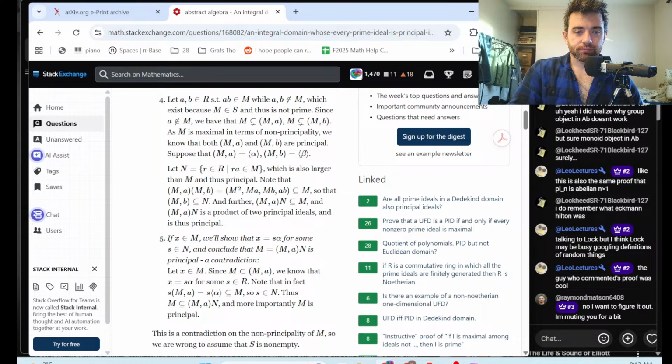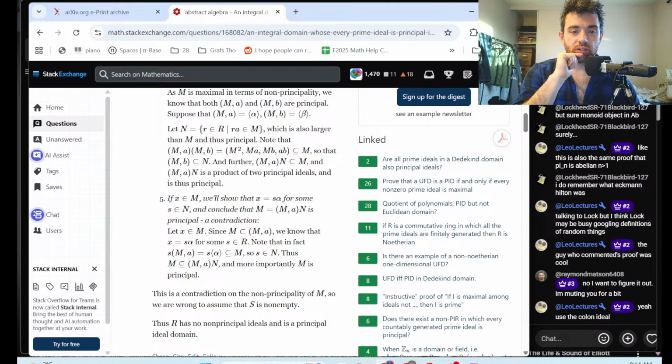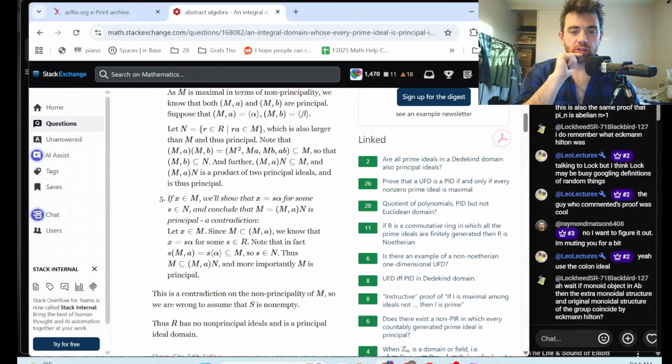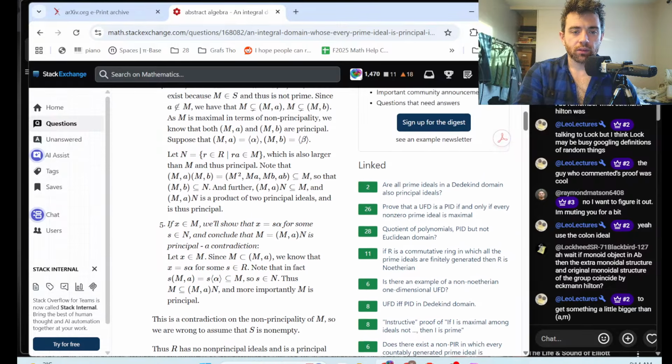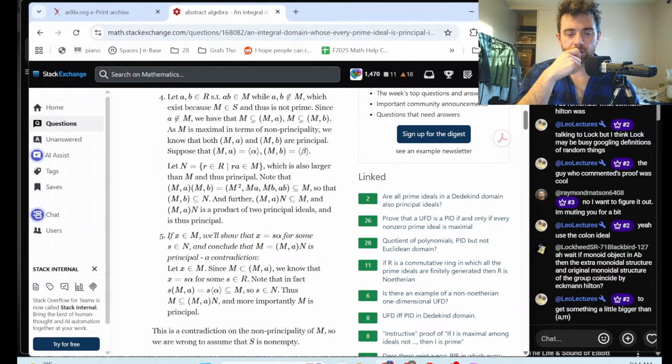Alright, suppose these are both principal, and let N be the ideal generated by A, such that all RA are in M, which is also larger than M. Is it now? Why is this larger than M? Why is every element of M in here? Unclear, I would say. If you told me this, I would say unclear.